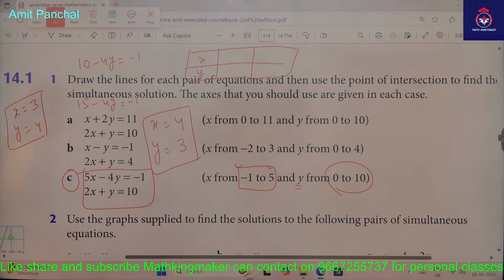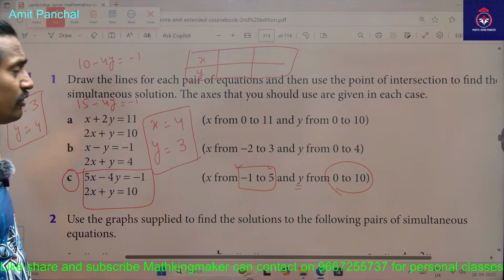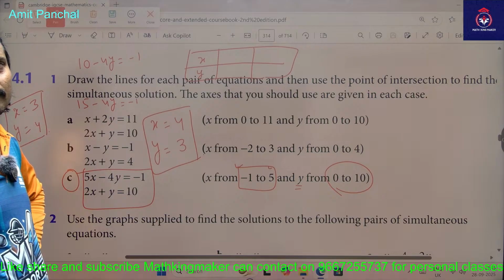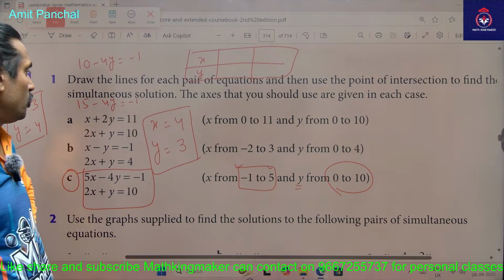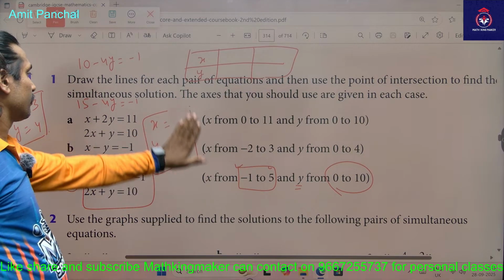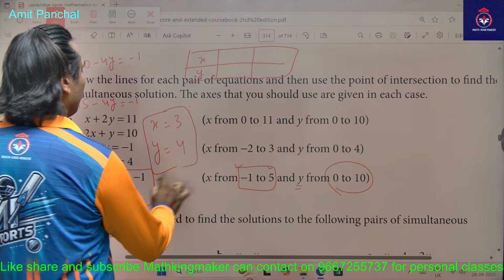Isn't it 3, 4? Is it 3, 4 or 4, 3? It's 4, 3. No, wait, x equals 3 and y equals 4. My mistake, sorry. So that is 3, 4.